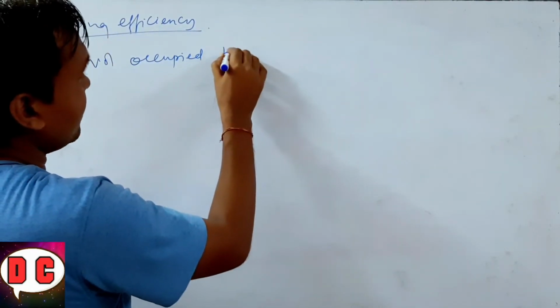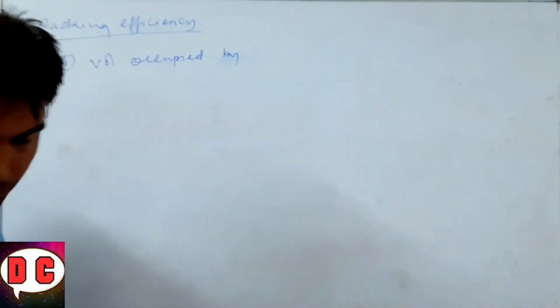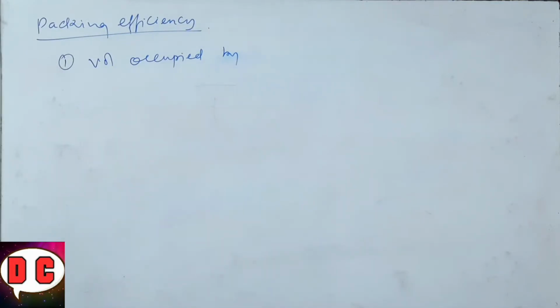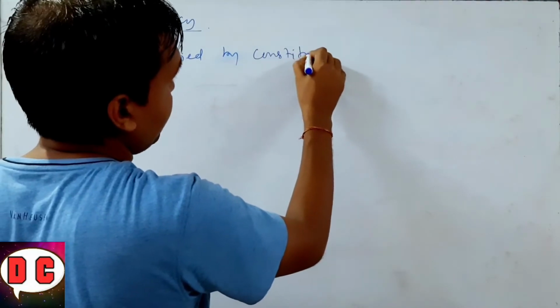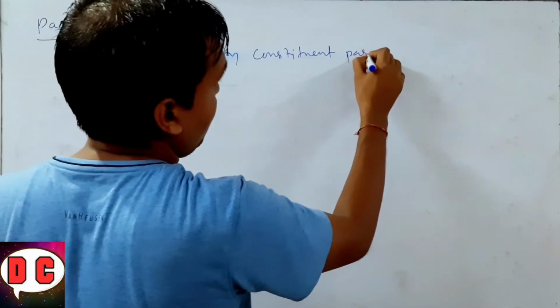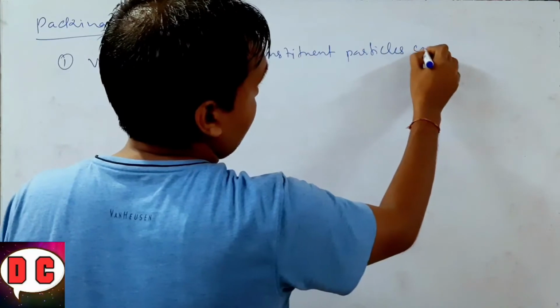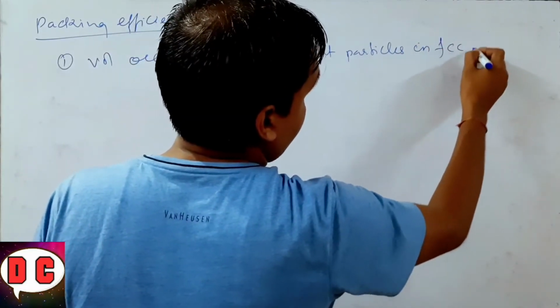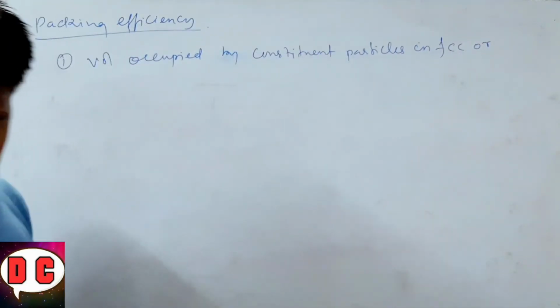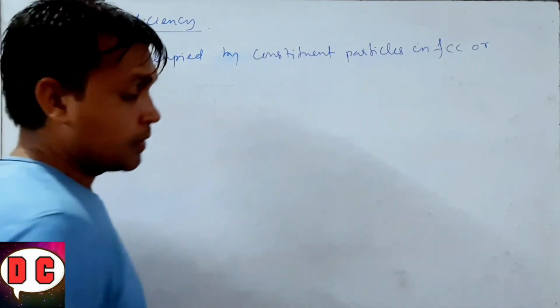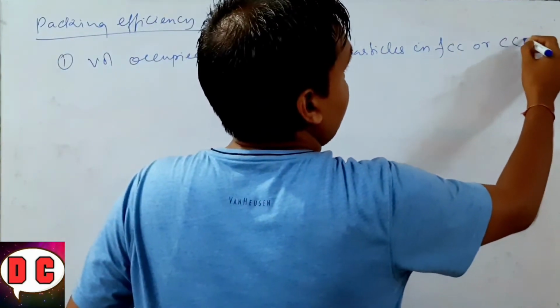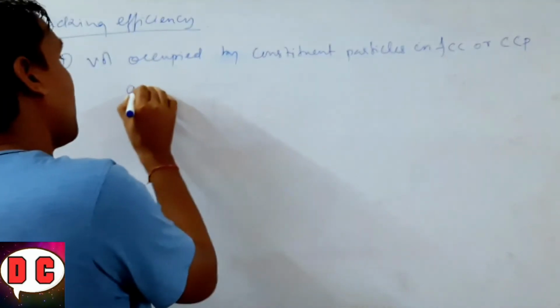Volume occupied by whom? By the constituent particles in FCC, face centered, or another name for FCC is CCP arrangement.